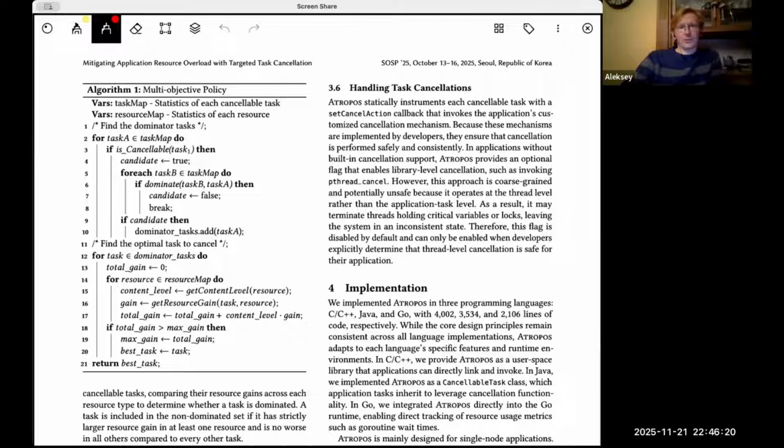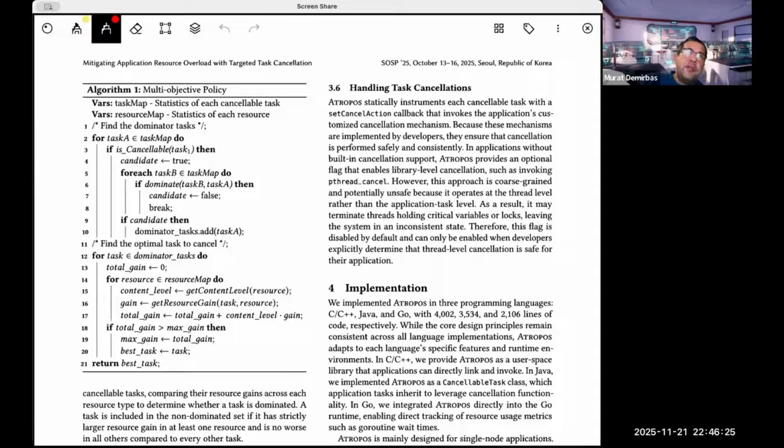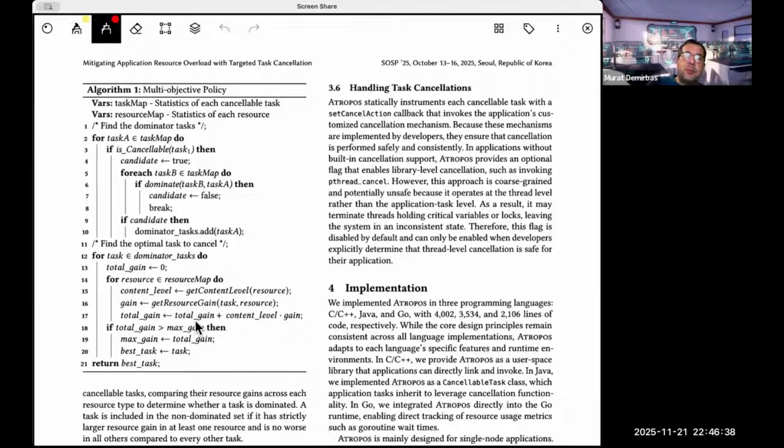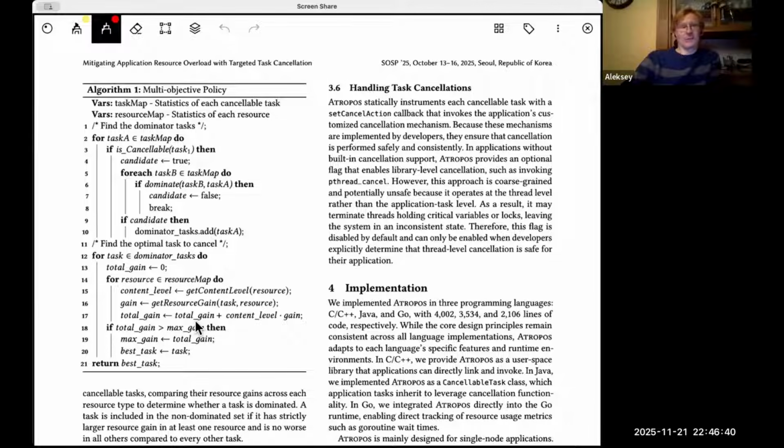Find the dominator tasks. Yeah, sure. What is the dominator task, right? Well, the heavy tasks. It doesn't say dominator task. It says dominated tasks. It's plural, right? I think this would be the tasks. Okay, yeah, I don't know.